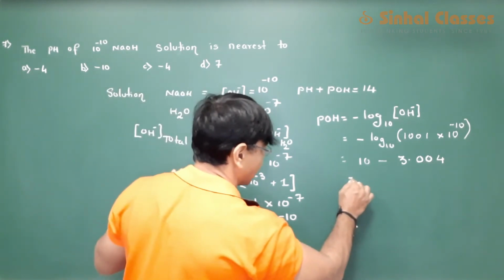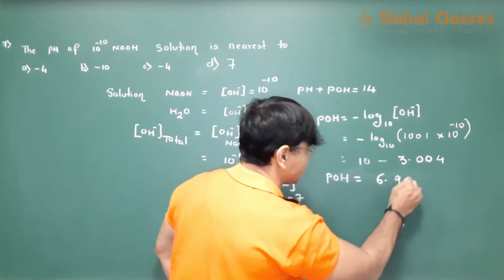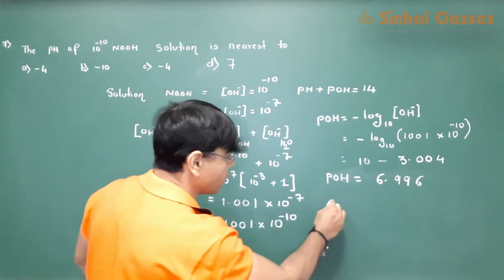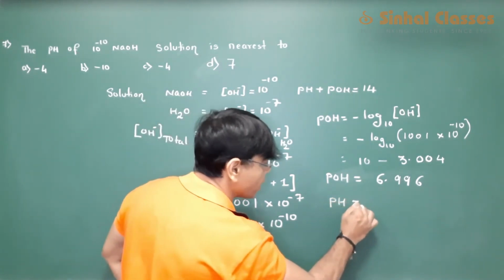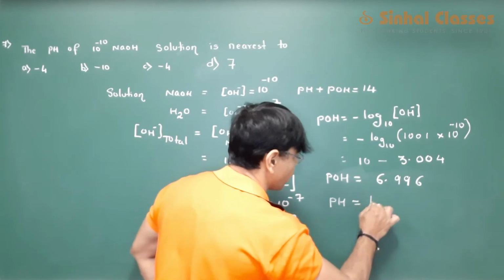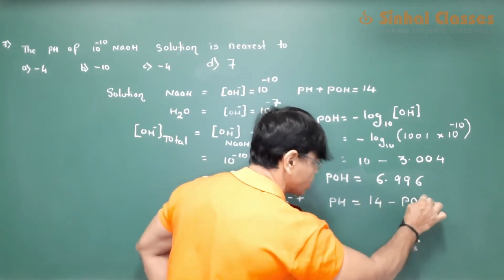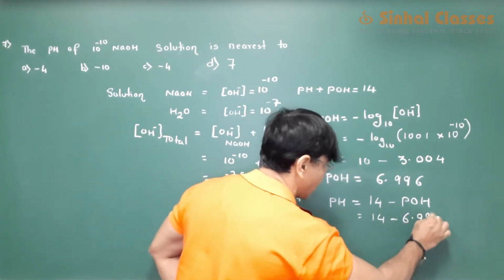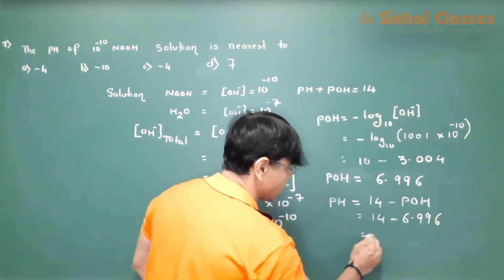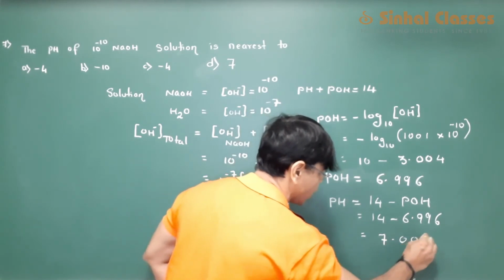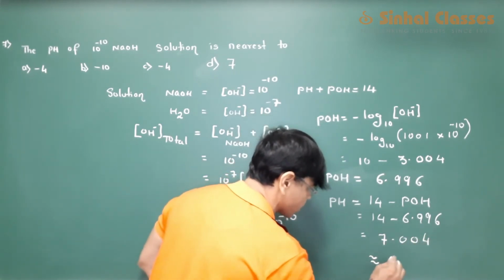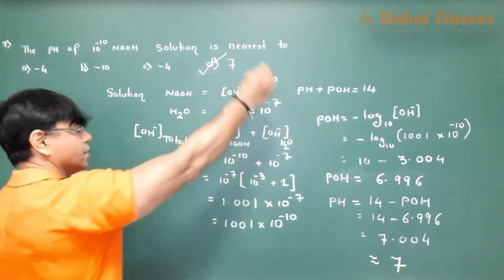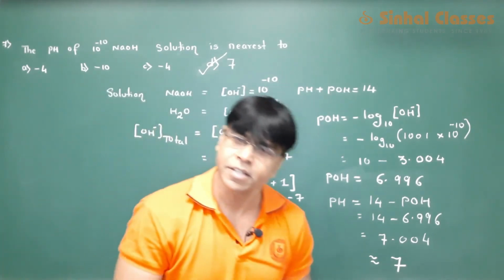When you subtract it, 6.996. This is pOH, but we wanted pH. So pH will be 14 minus pOH, so 14 minus 6.996 is equal to 7.004. So approximately 7. Your answer for this question is D, that is 7.